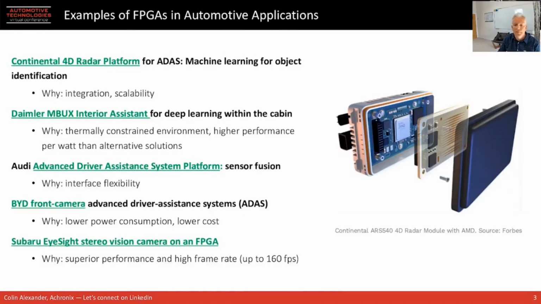Here we list some examples of applications today that are using standalone FPGAs, both in development and production. Advanced driver assistance systems are driving the need for aggregation of several capabilities into one platform for workload aggregation. A great example is the system announced by Continental last year with the ARS 540 radar module.